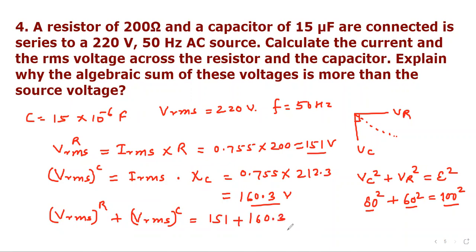But if we find the resultant by using Pythagoras theorem, so what do we get? Suppose we want to evaluate effective voltage. So that will be equal to root of 151 square plus 160.3 square. So it will be 220 volt, which is correct.